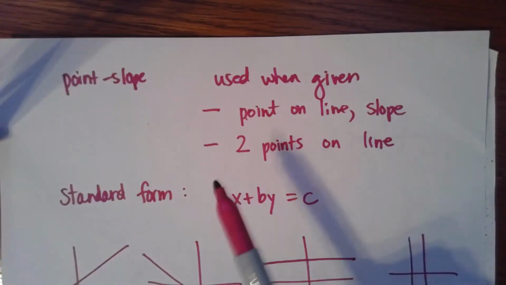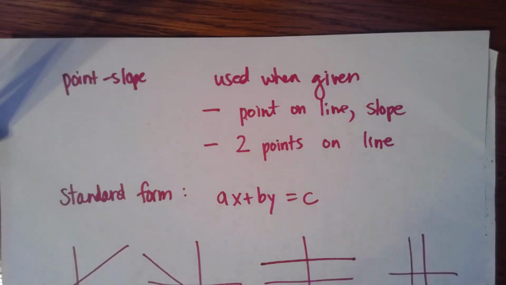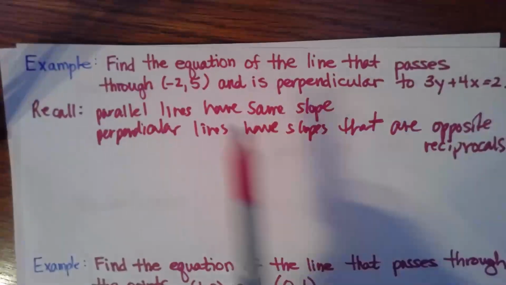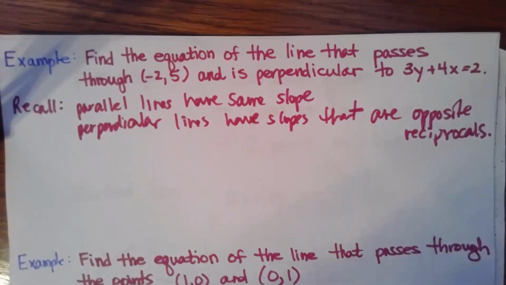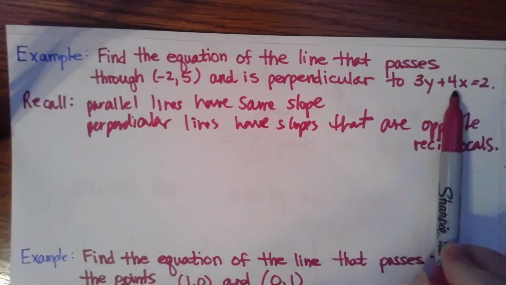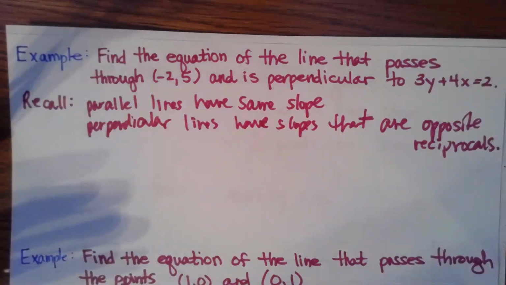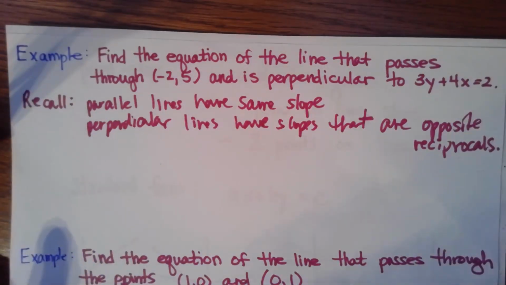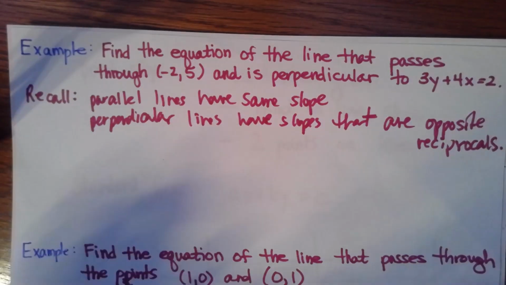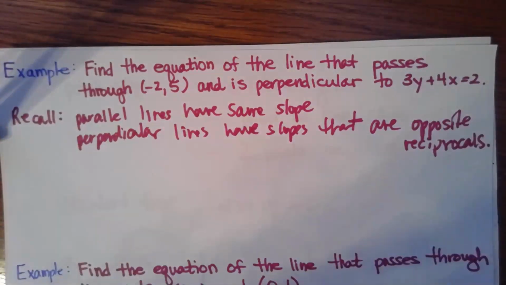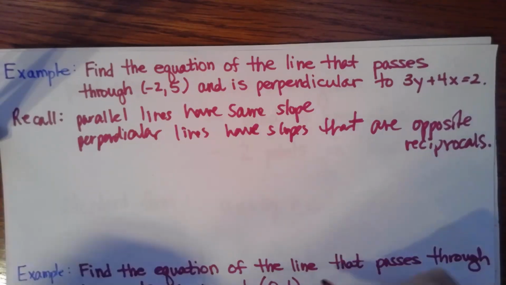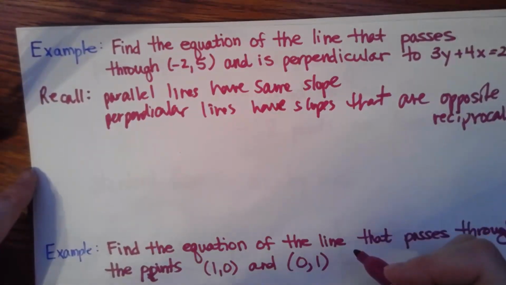Well, if we are given a point on a line and a slope, which essentially we're given a point that's going to be on the line, and we aren't exactly given the slope, but we know it's perpendicular to this line, so we have a method of finding out the slope. So we're going to want to use the point slope form. But before we can do that, we need to look at this equation that's written in standard form, figure out what its slope is, and then take the opposite reciprocal. So that's the first thing we need to do.